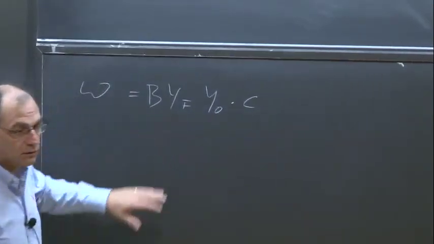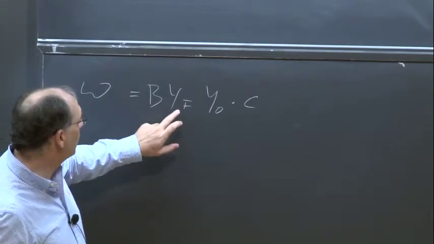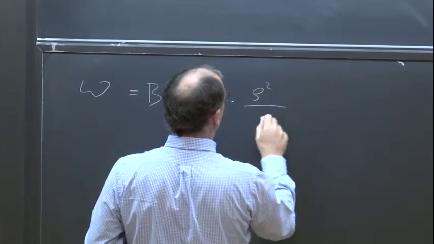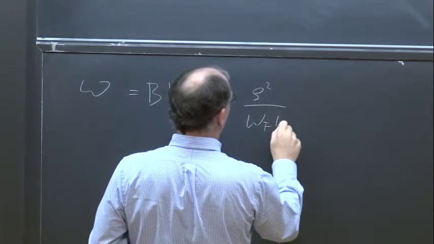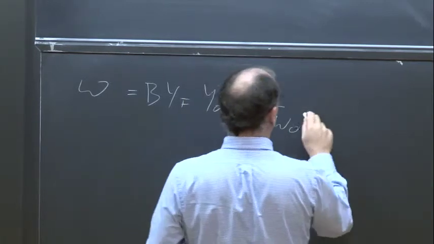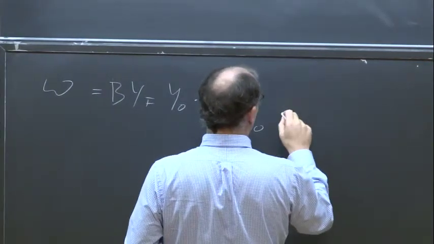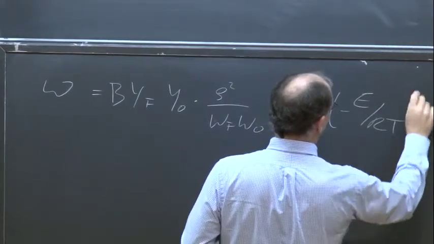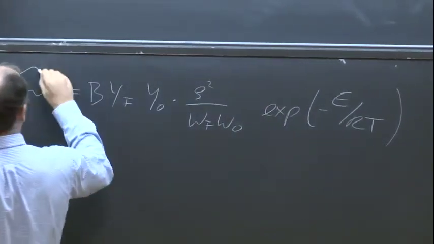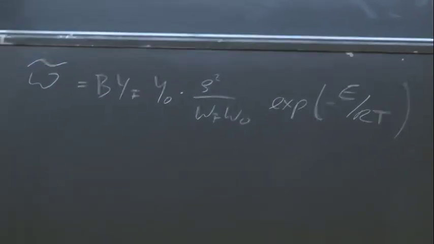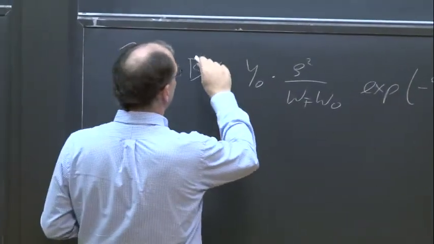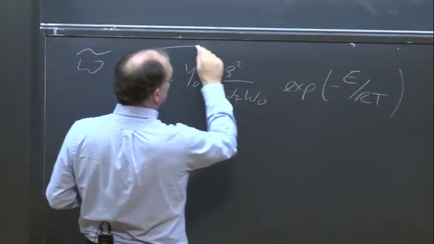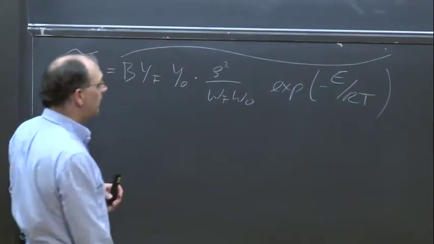Really these should be concentrations, so here we have density squared divided by W_F and W_O, and then the exponential of minus E divided by RT. If we want the average of this, then that would be the average of this entire thing, okay?